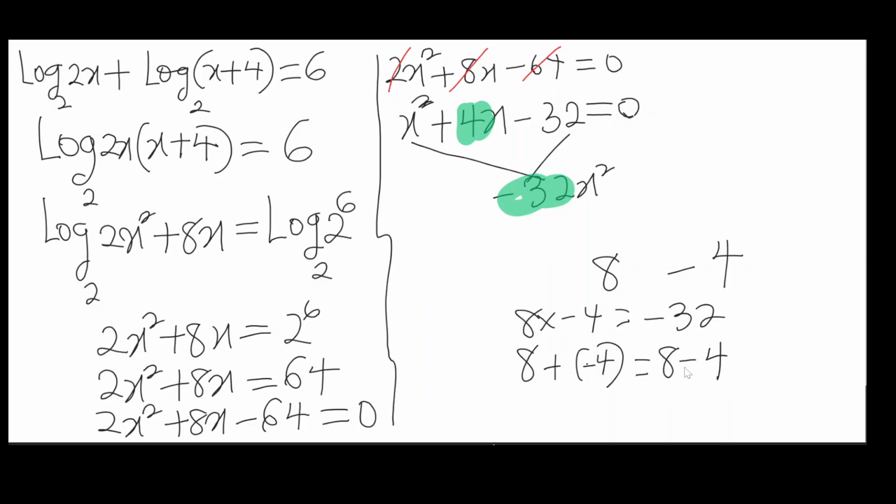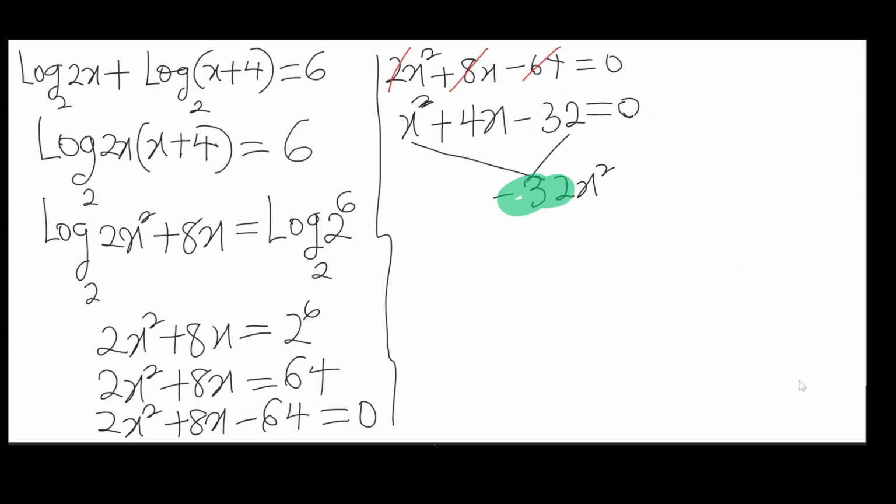So we have 8 minus 4, and 8 minus 4 is going to be 4, which I have at the middle. And that's what I'm going to quickly do. So instead of me writing 4x, I'm going to be replacing 4x with positive 8x and negative 4x. Now let's quickly get that done.